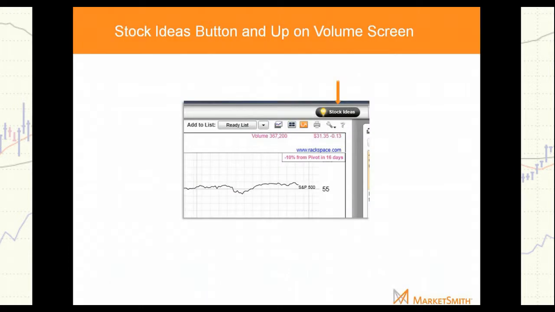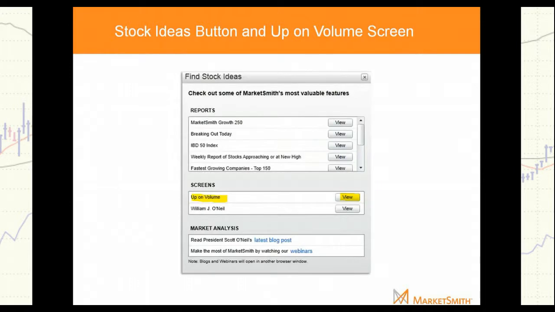If you're looking for new ideas, just click on the stock ideas button, and it's going to open up this little window. And I've highlighted the up on volume screen. Okay, so I like to run this screen a couple of times during the day just to see what's moving in the market, just to get new stocks on my radar, or maybe catch some stocks that I might have forgotten about that may even be breaking out.